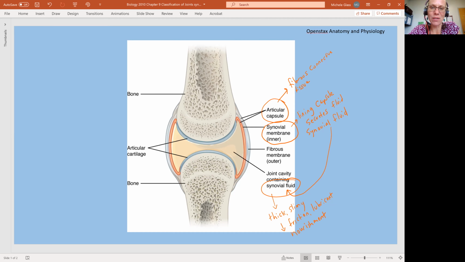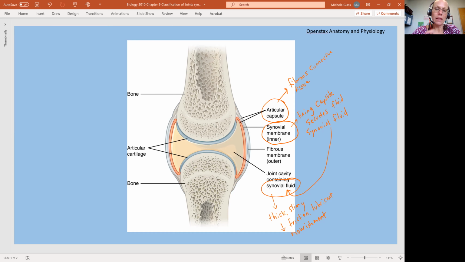That could be very, very bad. So instead, from the bloodstream, you get oxygen and nutrients put into that synovial fluid, and then that synovial fluid is able to wash over all of the living tissues inside that joint cavity.